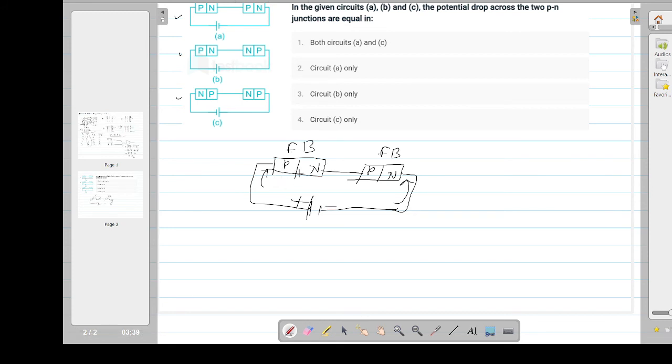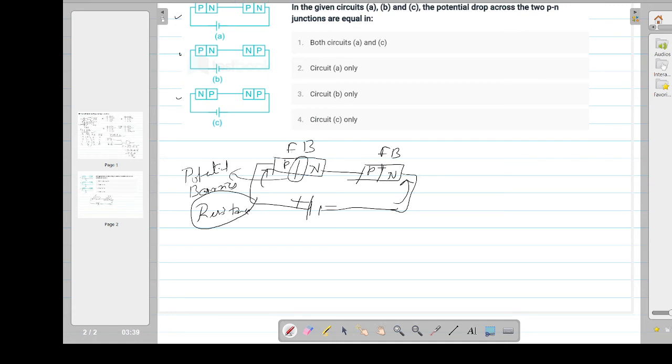In both cases forward bias, and in forward bias a depletion region is formed, and this depletion region is very narrow. We call this depletion region the potential barrier. We also call it a resistance, because it opposes the flow of current.